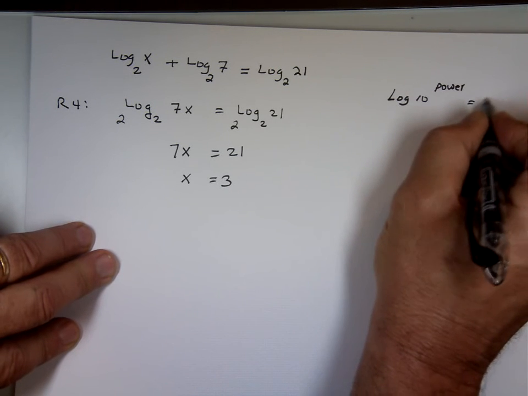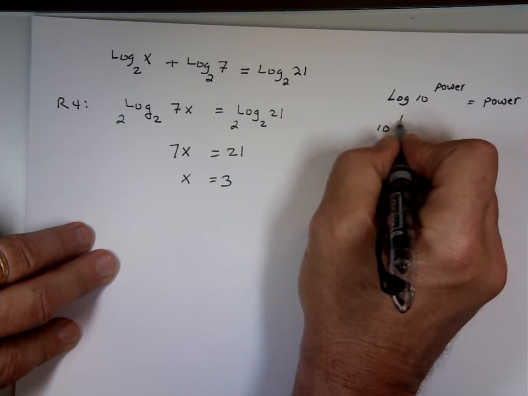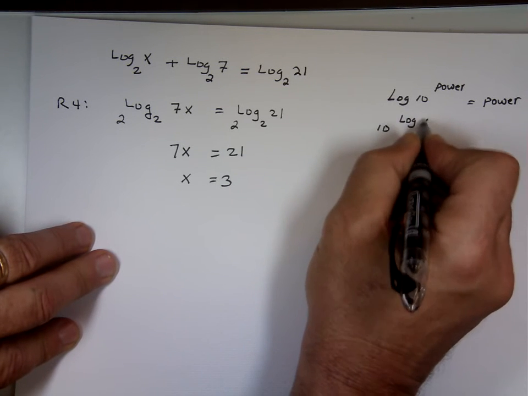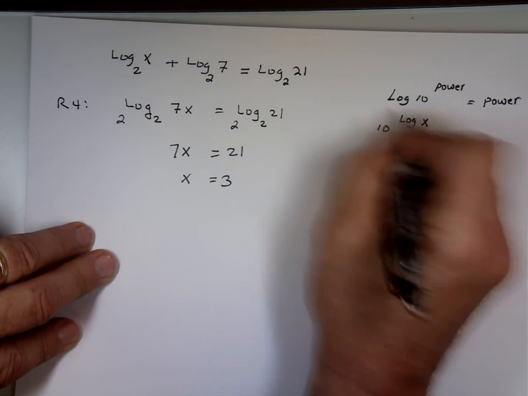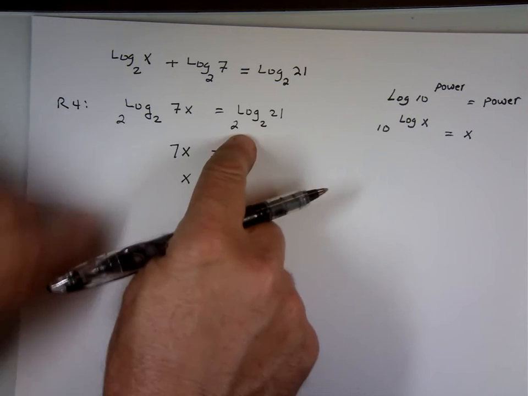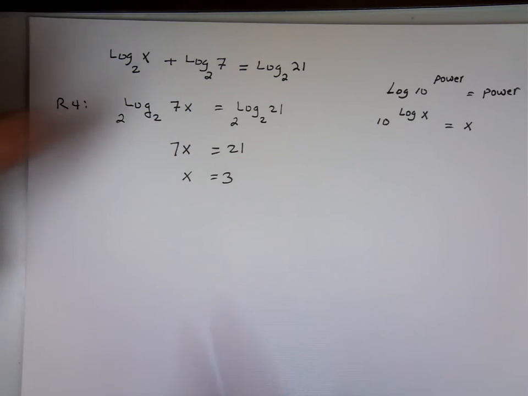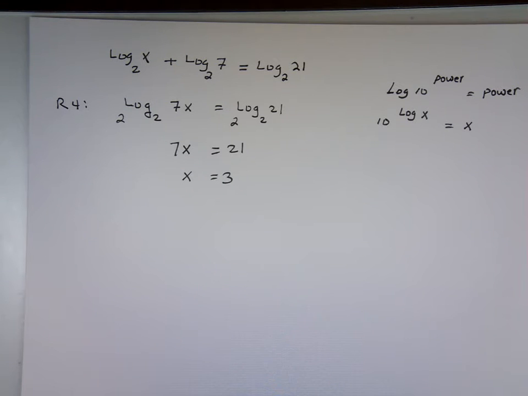And 10 to the power of log x, for example, these guys will cancel each other out, just like these two cancel each other out. That's also equal to x. So if you use that logic, these two cancel each other out. You have 7x equals 21.